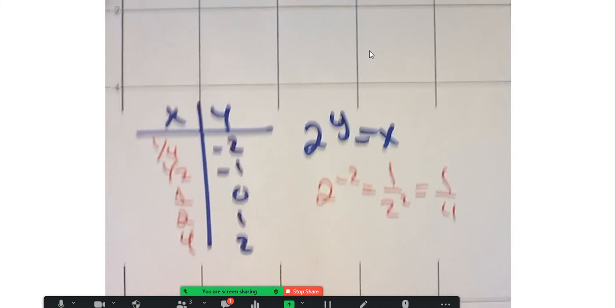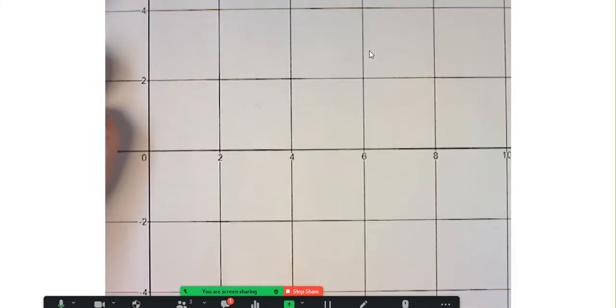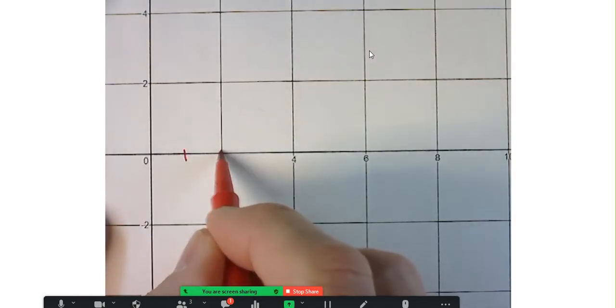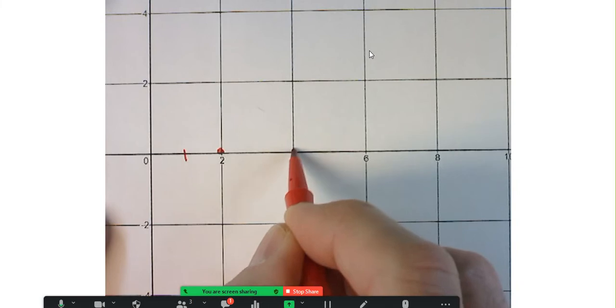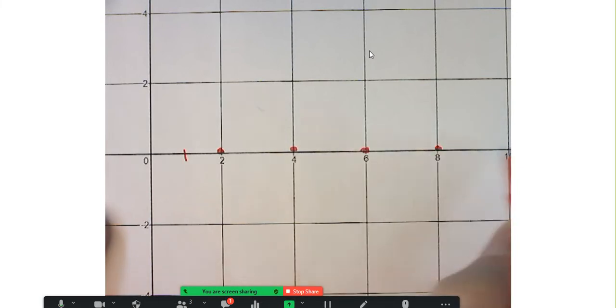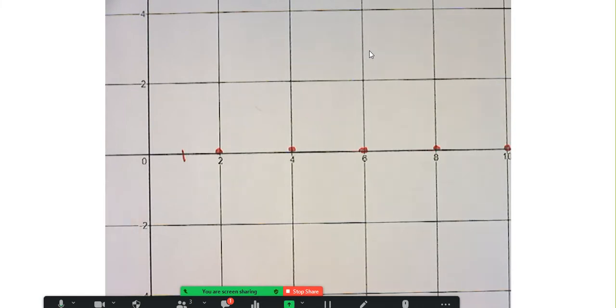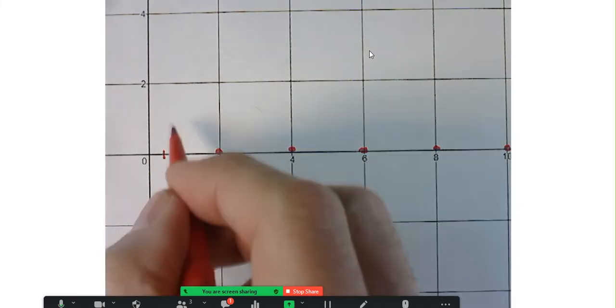Let's pay attention to the units on the x-axis. They're in units of 2, so each vertical line here represents a distance of 2 between it and the next vertical line. So the first one is 1/4 and -2. So I have to be pretty good about graphing that one.